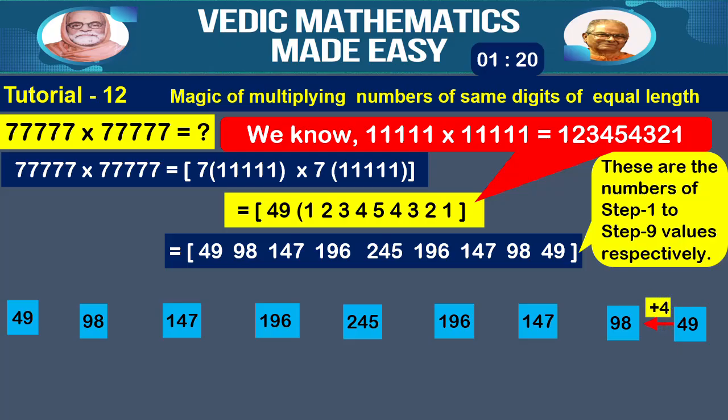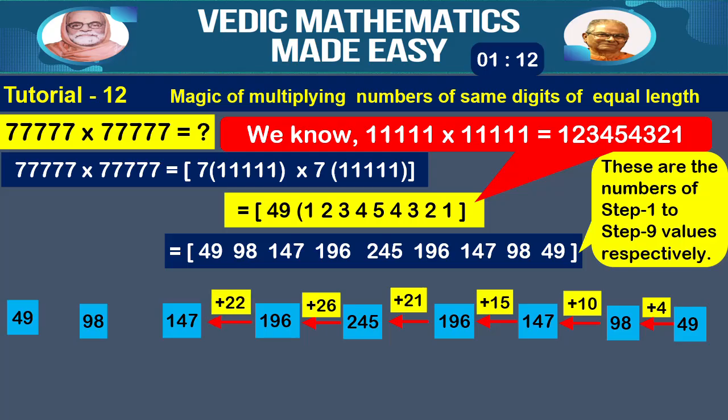Now, we must retain only unit place digits in each step after performing the carryover process and adding. Then we get 60, 4, 9, 2, 6, 1, 7, 2 and 9.